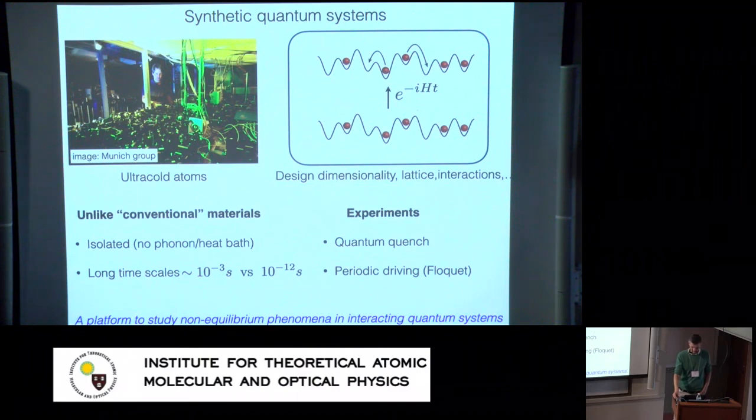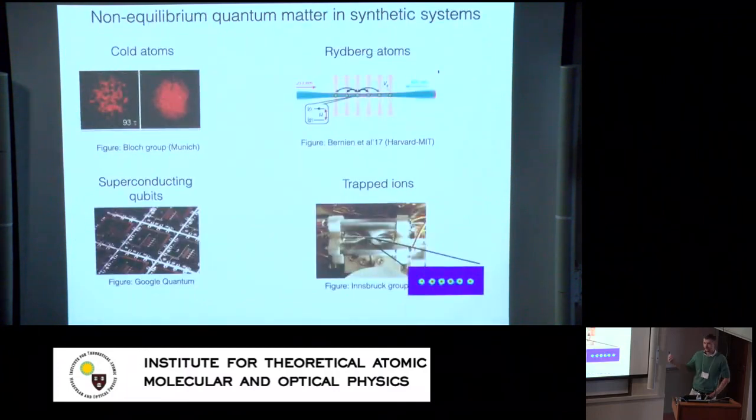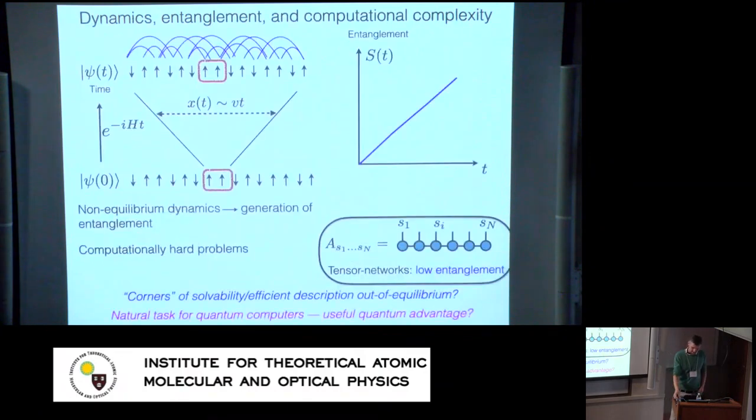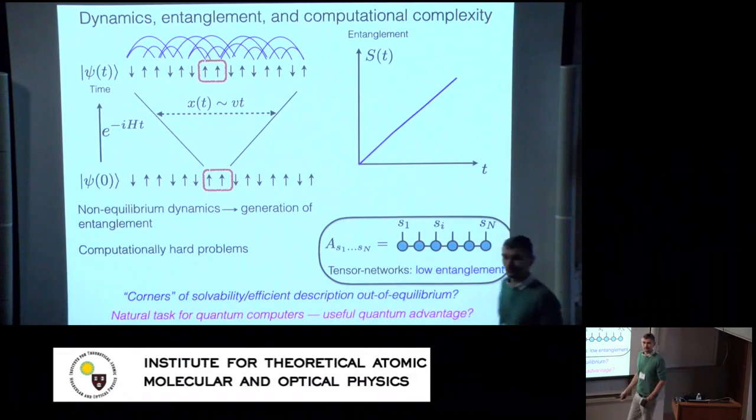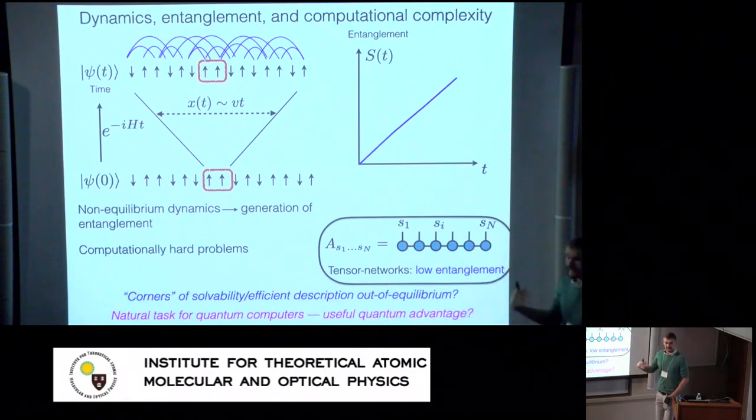So this really boosted interest in non-equilibrium phenomena. There are many platforms ranging from cold atoms to superconducting quantum processors and Rydberg atoms. And another facet of non-equilibrium phenomena is their computational complexity.